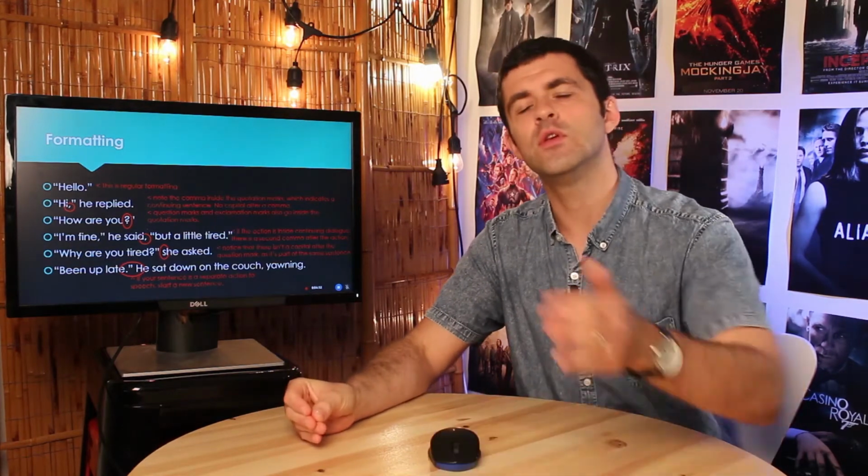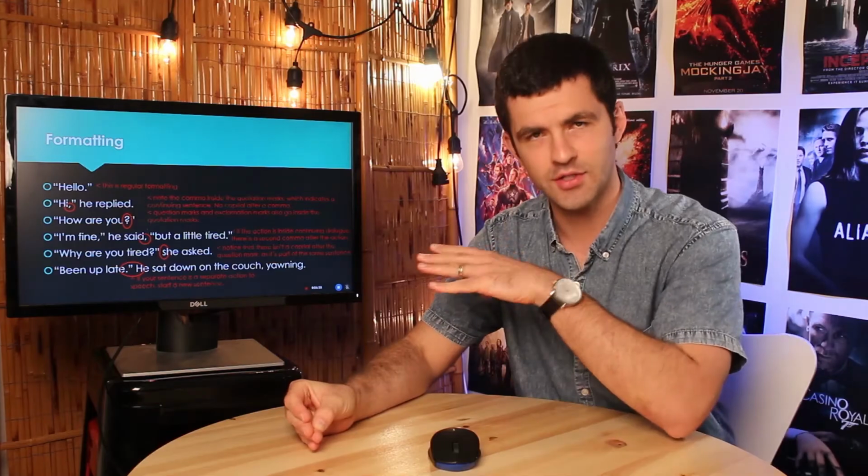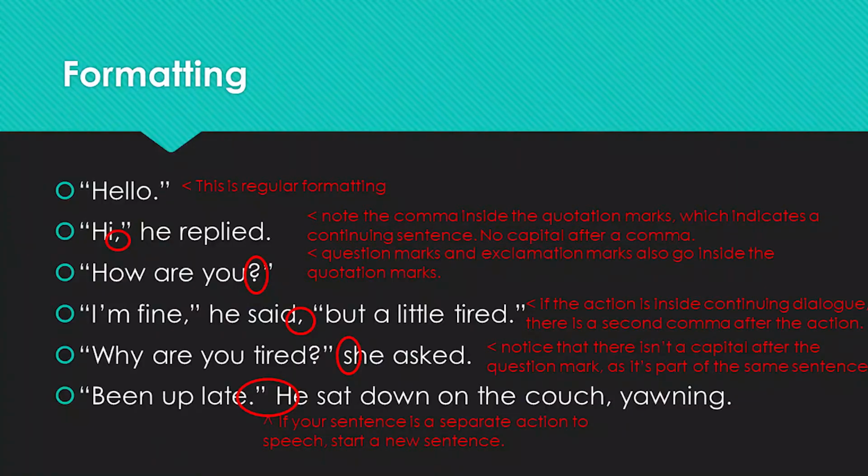So if it's a new sentence or a separate action to the speech, you need to have a full stop or the other punctuation and then start a new sentence to make sure that it's really clear exactly what's happening. This is all about clarity. Be as clear as you can for your reader so they're able to follow the story. Don't confuse them by missing some of this stuff.